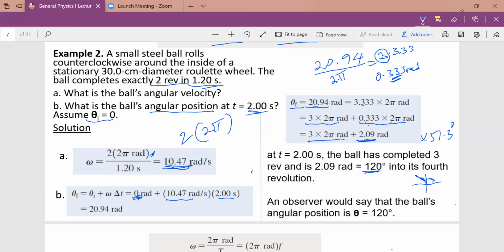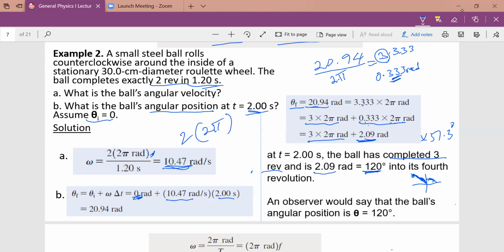So it is actually the position of the particle will be at the middle of the second quadrant, not the first, into the half. Okay, so we'll now explain the answer to B: at 2 seconds, the ball has completed 3 revolutions and has gone 2.09 rad into its 4th revolution, or 120 degrees into its 4th revolution.